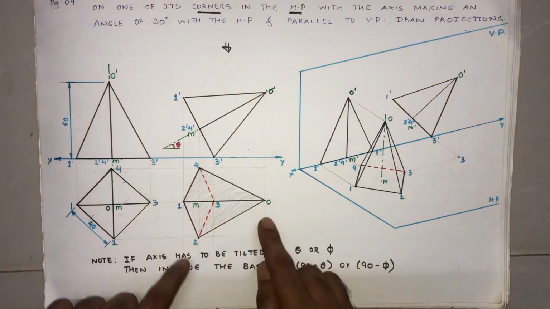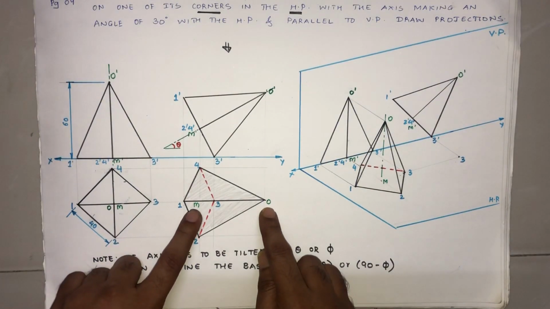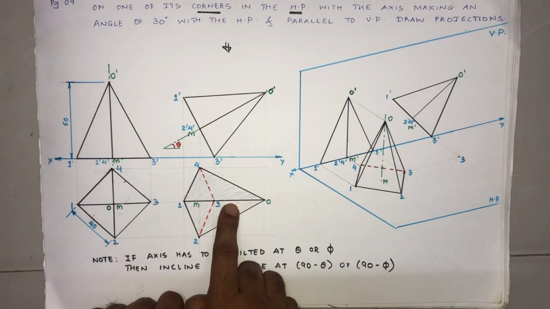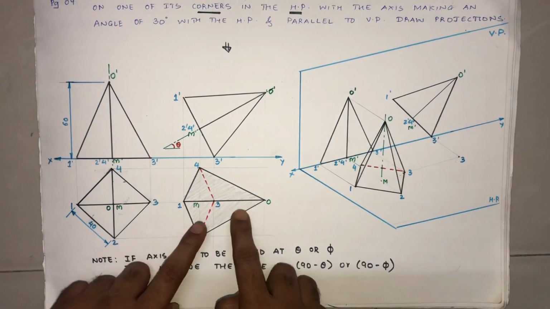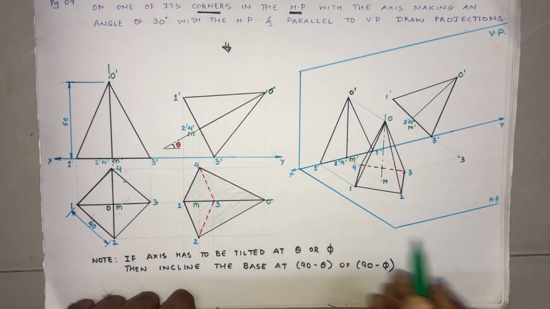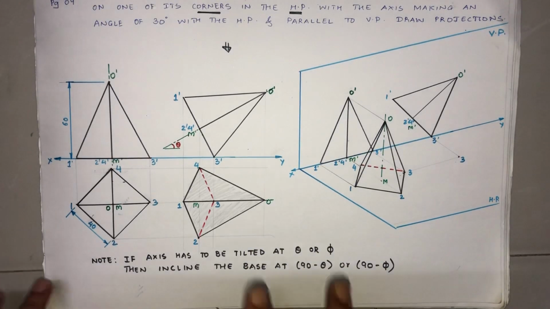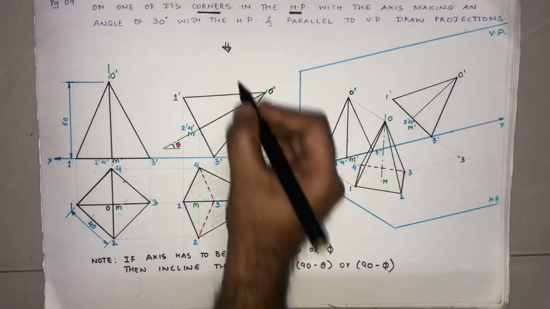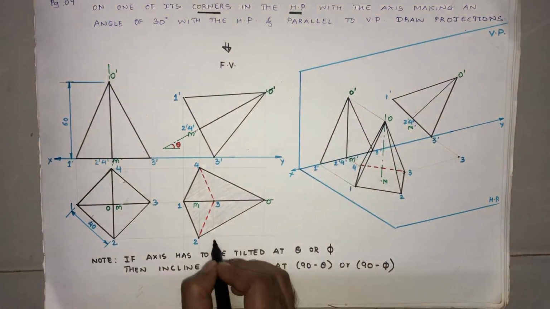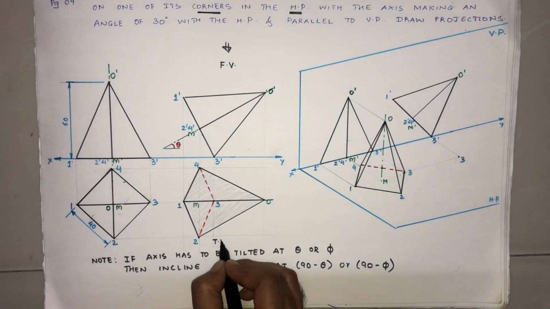We are supposed to connect OM also, but OM is a center line. A center line is lighter than the outline. Hence, we have not shown the center line. But as I have said, we just extend it a bit outside here. Now I just name this the front view and the top view.